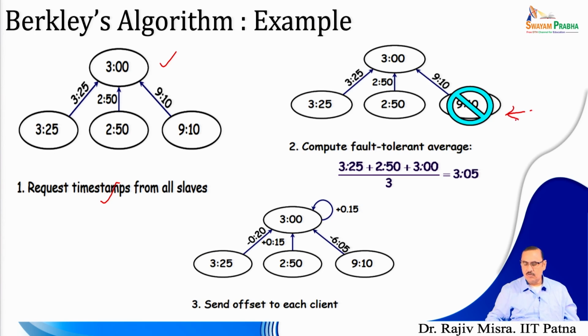It will remove the outlier and then take the average including that particular clock value, and let us say that the average is 305, and then this average, the current offset, will now be sent to each of these particular clients.